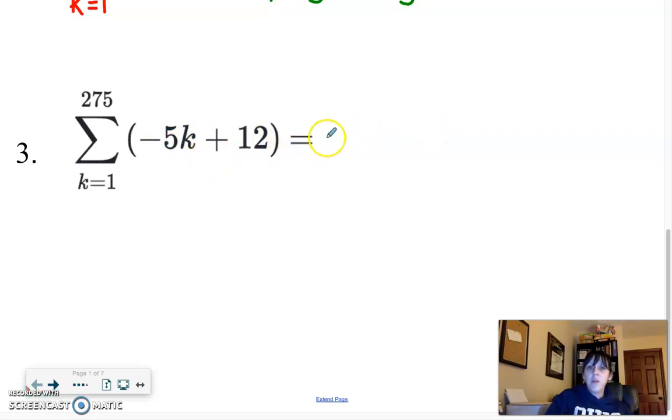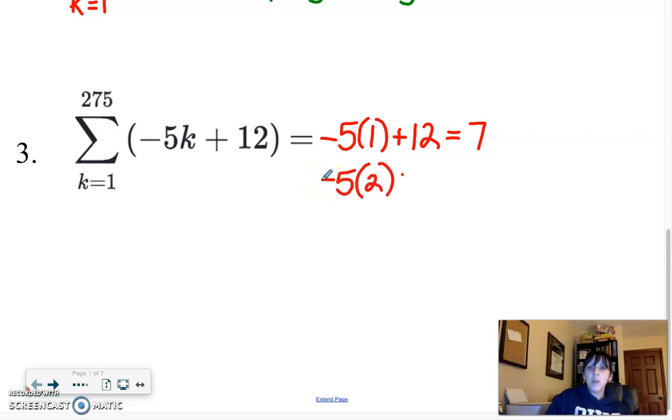So I'm going to write out a few of the terms. And remember, the way that you do this is you just take the starting value, in this case 1, and you plug it in to the formula, and that'll tell you the first term. And so if I plug in 1, then that would give me 7. So 7 would be the first term. I'm going to go ahead and plug in 2 because it would be helpful to see what the next term would be in this sequence.